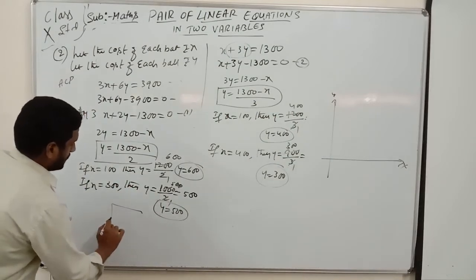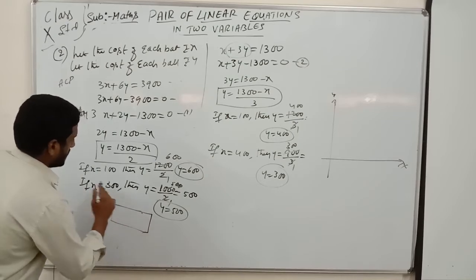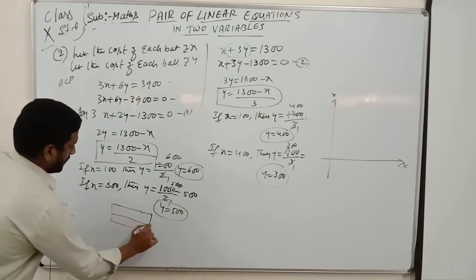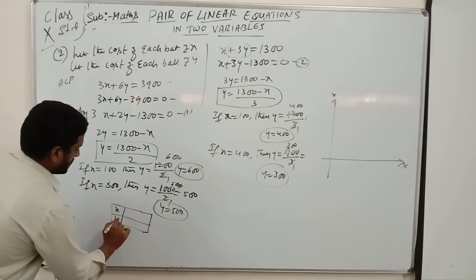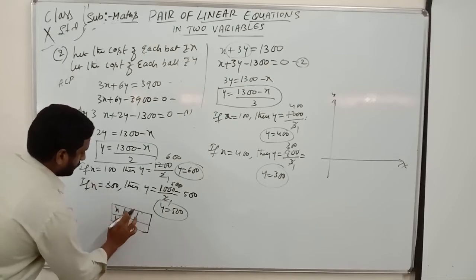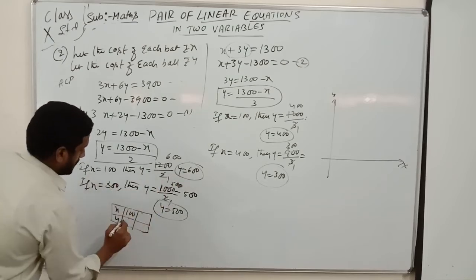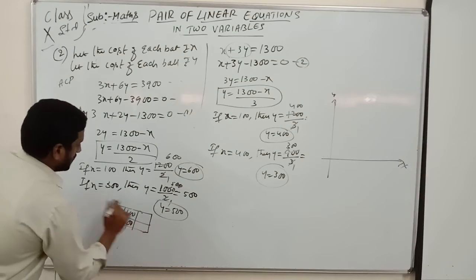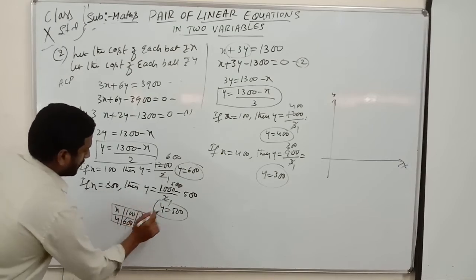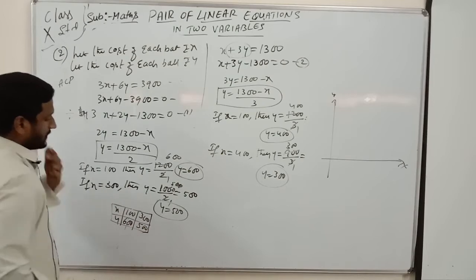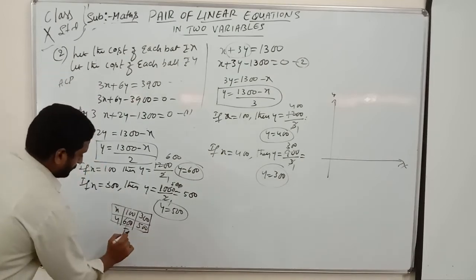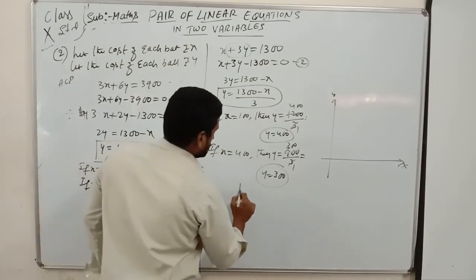So after finding the x and y values, you can prepare the table. X value is 100, then y value is 600. If x value is 300, y value is 500. Correct? This is table 1. This is table 2, the second equation table.